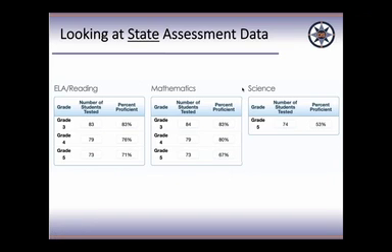I'm going to talk about looking at the data now. So there are a whole bunch of different ways to look at data, and the state data, most of you or some of you probably have seen these results. You can look at the state assessment data, the SAS data on the portal. If you have access to students, you can see the results. You can dig in more deeply on these, and if you want to, I can probably show you how to do that.